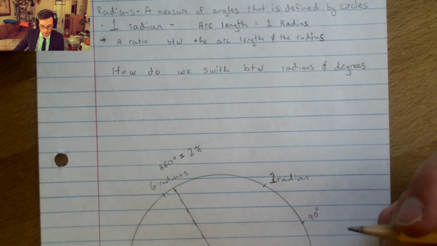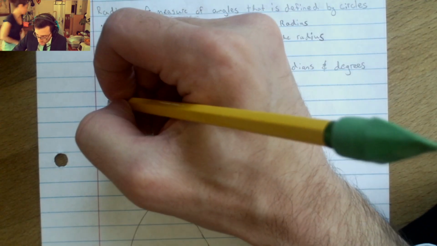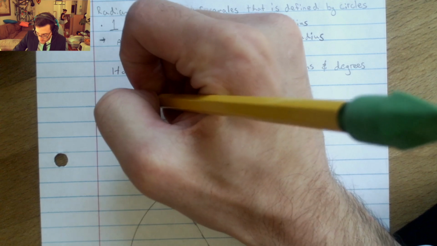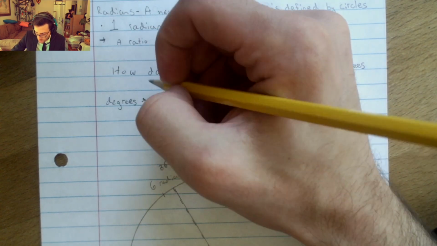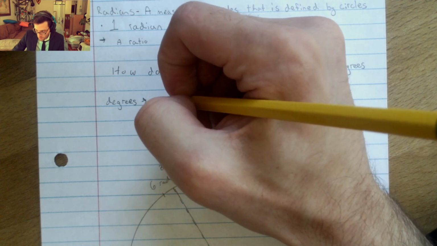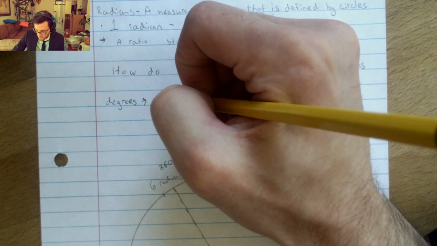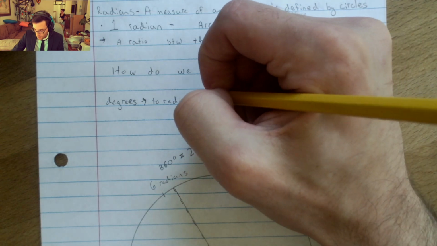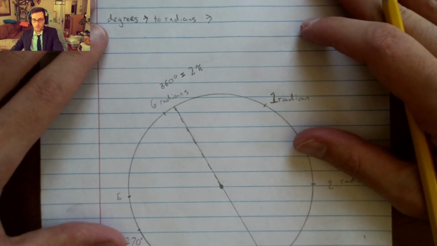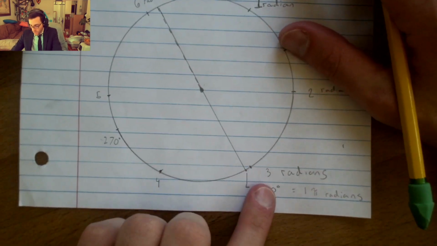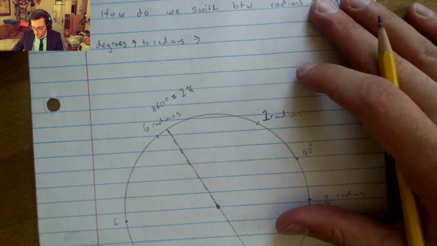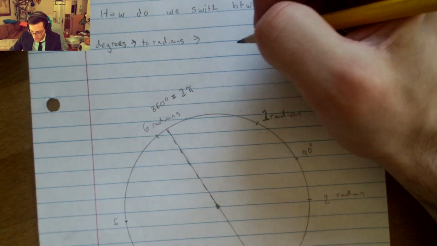What we're going to start with is degrees to radians. And to switch from degrees to radians, like how do we get from 180 to 1 pi? What we're first going to do is multiply.